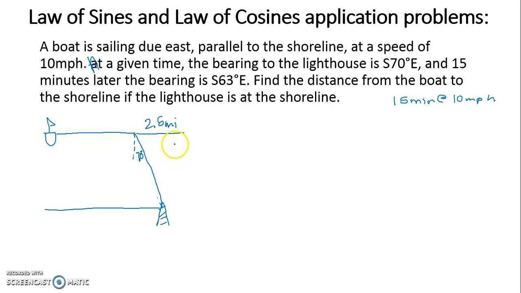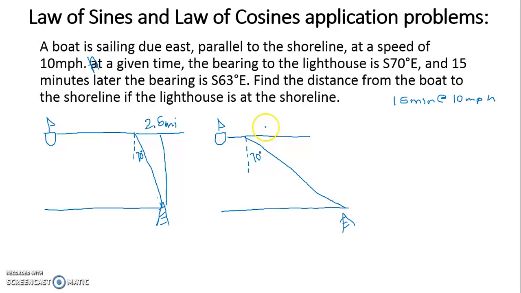Now my bearing is south 63 degrees, so I'm actually going to shrink this picture a little bit. Let's put my boat right here. Let's just say I've only gone a little bit. And then I have that south 70 degrees to my lighthouse.